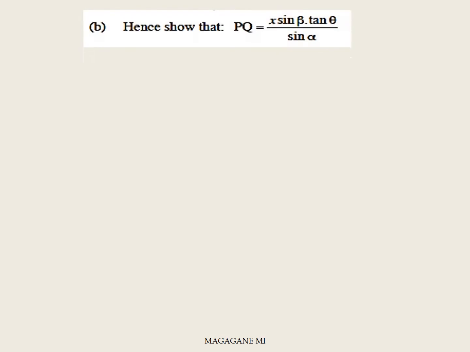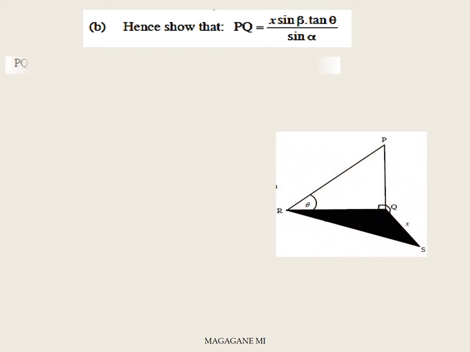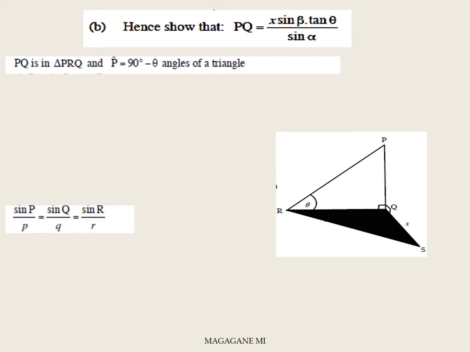The next question. Hence, show that PQ equals X sine beta tan theta over sine alpha. Right. If you look at PQ, it is in triangle PRQ, and angle P equals 90 minus theta in terms of sum of angles of a triangle.